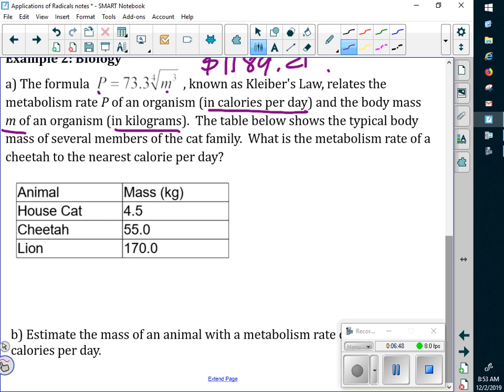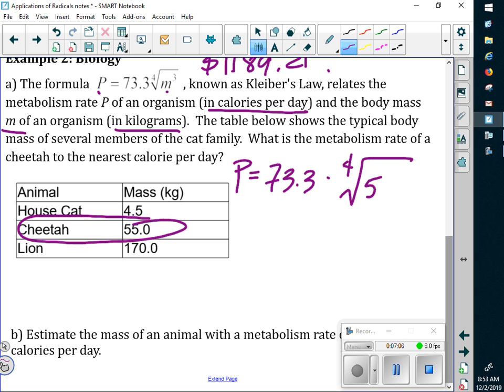So we've got a cheetah. Where does the 55 go? Does the 55 go for the P or the M? The M. So we've got P equals 73.3 times, now how in the world are we going to do this? The fourth root of 55 cubed?